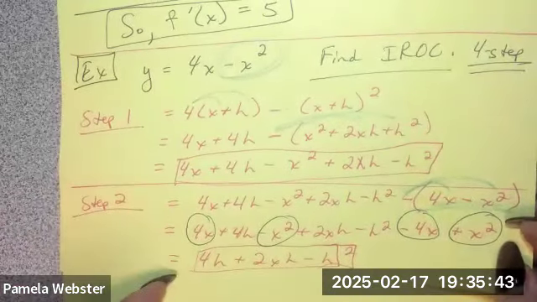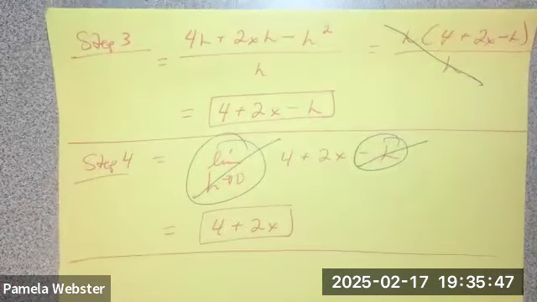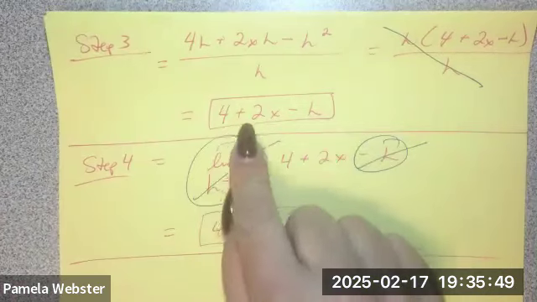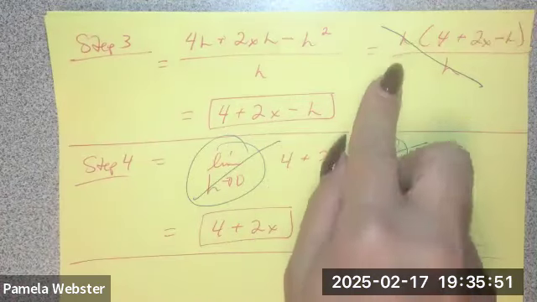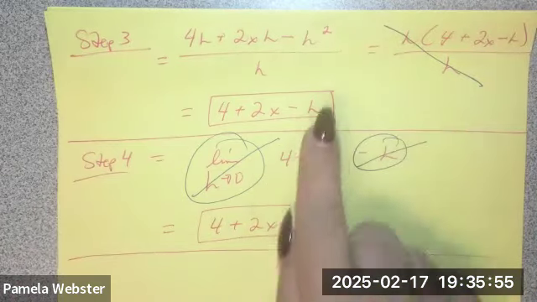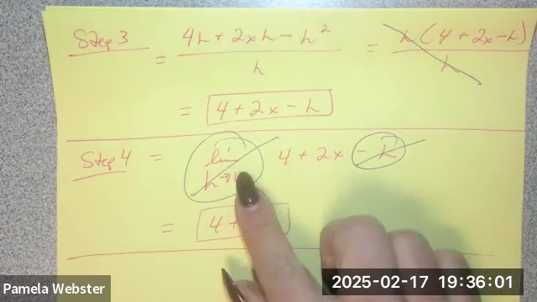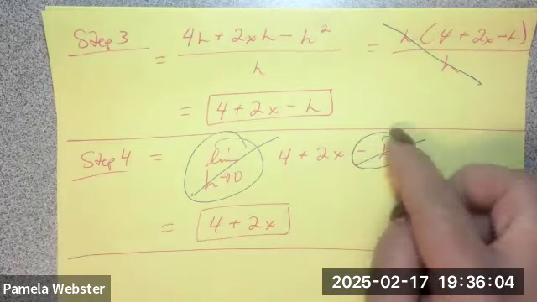At the end of step 2, I have 4h plus 2xh minus h squared. At the end of step 3, I have 4 plus 2x minus h. Make sure you can factor that h out of the top. And then here, we're not as lucky as in the last problem. Here we actually do have h's left over. So we have to take the limit as h goes to 0, make that 0.